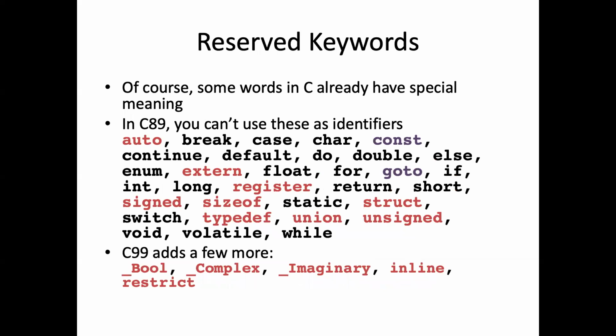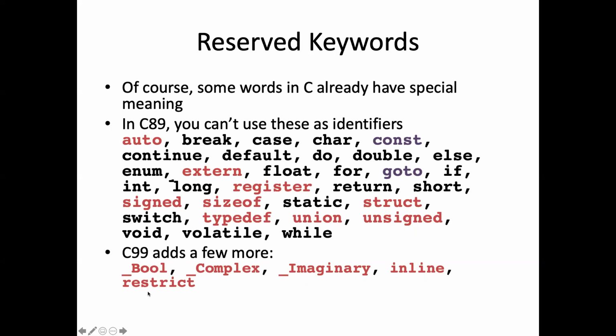There's a fairly modest collection of reserved words. Most of them are the same as the reserved words in Java. I listed all the reserved words in the oldest standard for C, the 89 standard. The C99 standard added a few additional reserved words like inline and restrict.